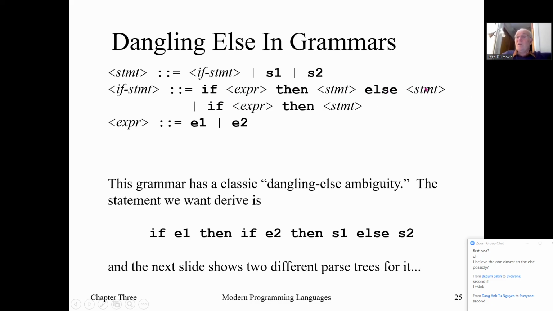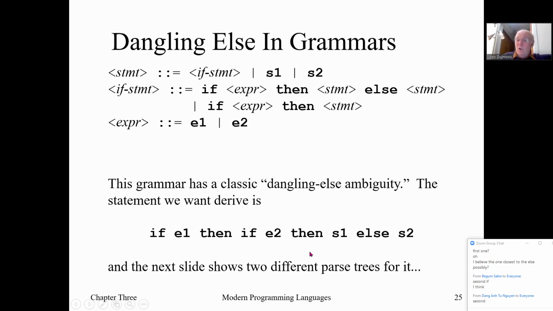And each of these statements can be if statement, okay, or can be if then statement, if expression, then statement. So this else is omitted. And then you have the possibility to say what is expression. Expression is E1 or E2.